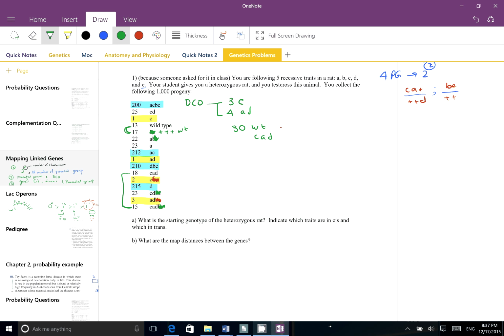Then it's 15 plus 18, which is 32. Okay, so this is for one single crossover. So let me just cross them out so I don't get confused. Let me cross this out so I don't get confused. Right?